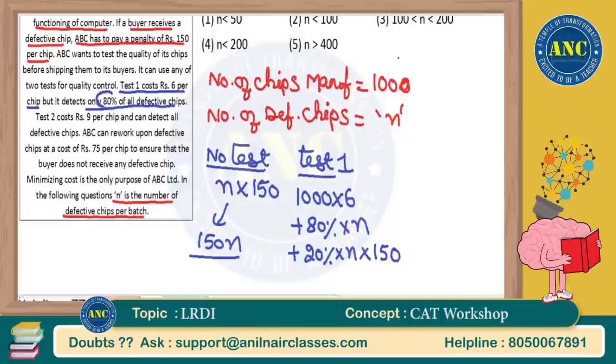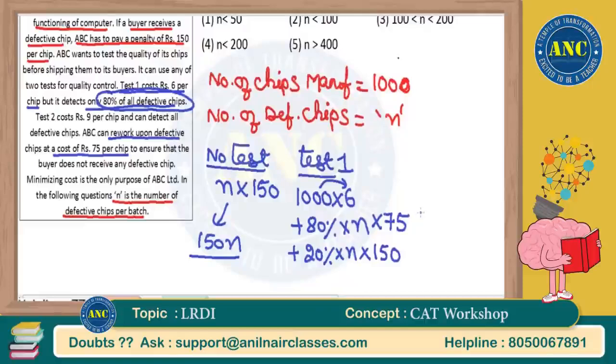To rework the identified 80% of defective chips costs 75 rupees per chip. So rework is 80% into N into 75.